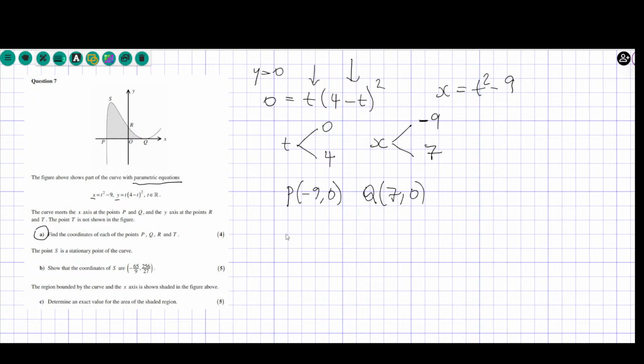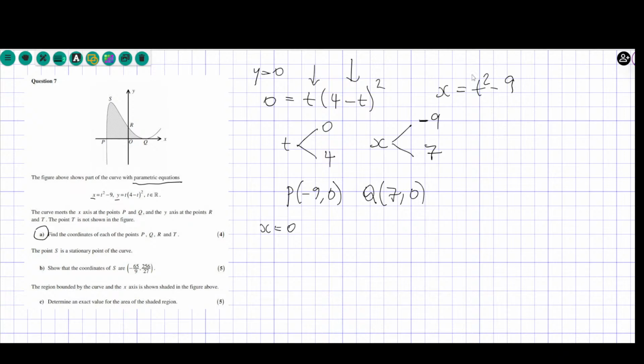Okay, so the next one is, what can we tell? R, can't we? Because R is on this axis. So when we're thinking about the axis there, this is when x equals 0. So when x equals 0, we can use the equation on the right here and set it equal to 0.